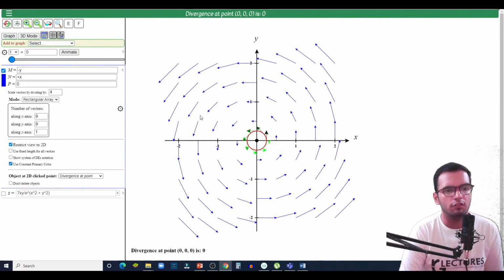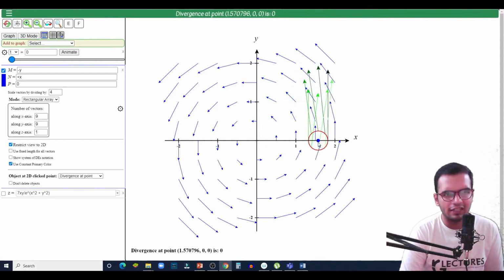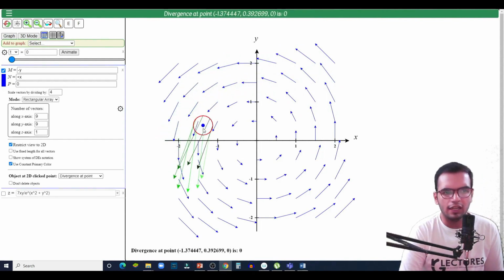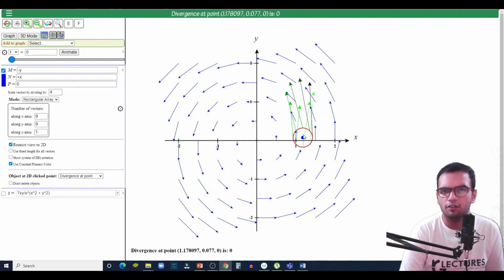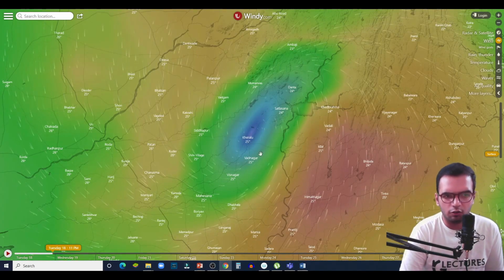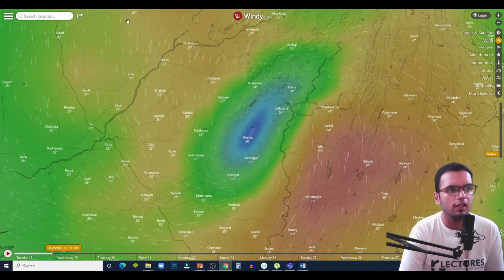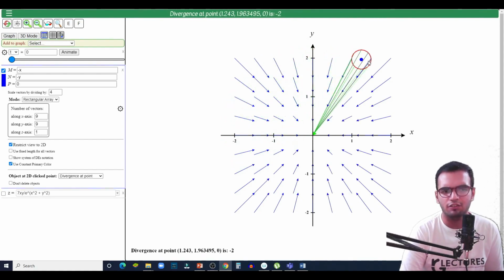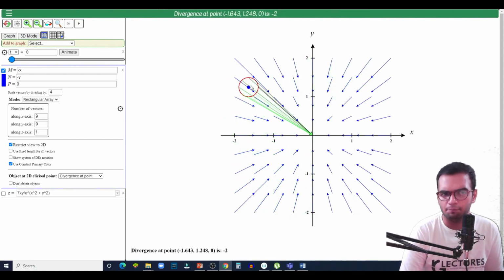On a similar basis, there is the concept of divergence. I can clearly see that this cyclone is diverging in its field only. That is what a cyclone is called. In a similar way, I can see that here the lines are forming concentric circles. In the same way, if I consider this tool and check out the divergence, I can clearly see that divergence at every point is the same.